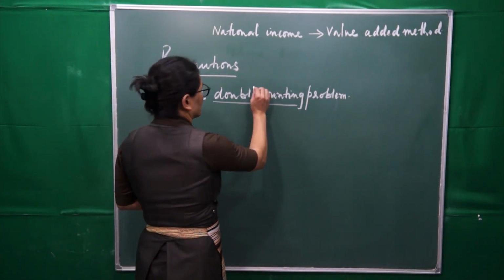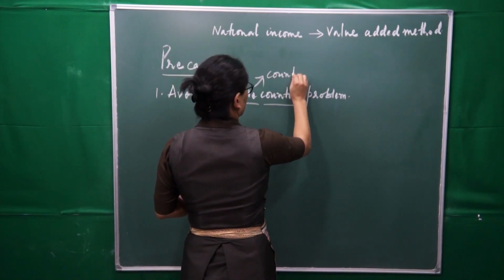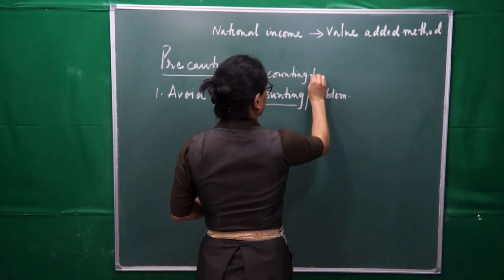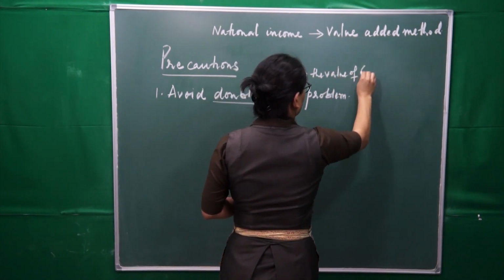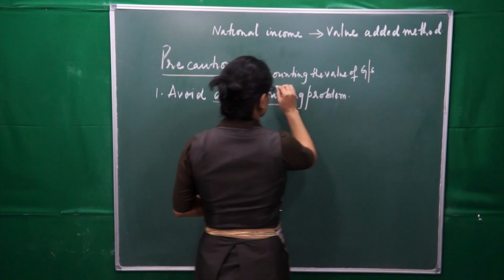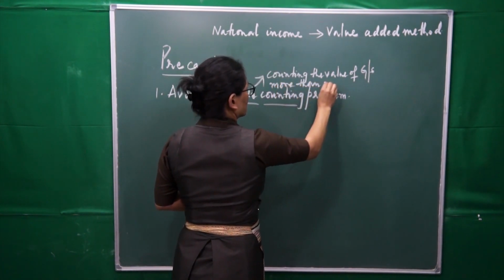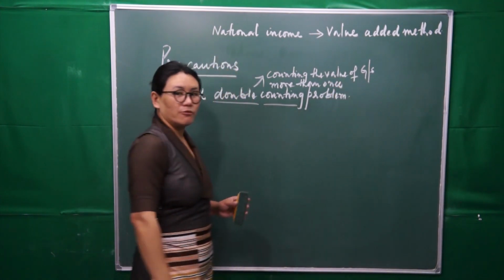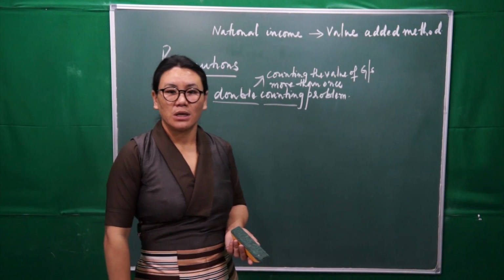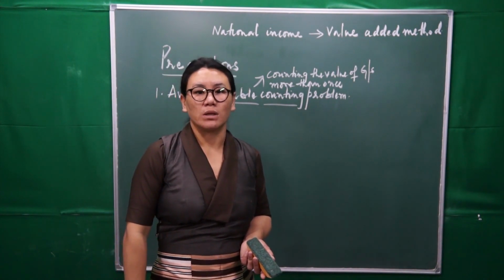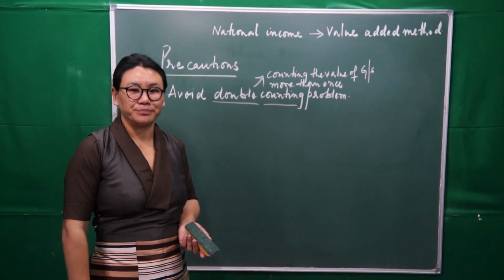It means counting the value of goods or services more than once. If we are counting the value of any goods, any services more than once, then it is called double counting.